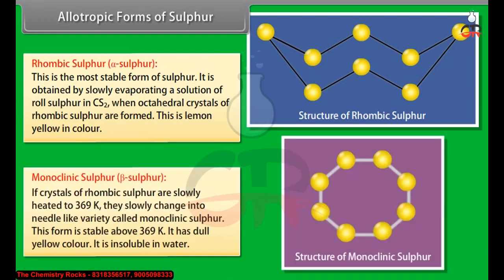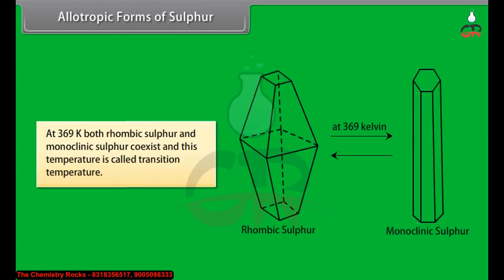If crystals of rhombic sulphur are slowly heated to 369 Kelvin, they slowly change into a needle-like variety called monoclinic sulphur. This form is stable above 369 Kelvin. It has dull yellow color. It is insoluble in water. At 369 Kelvin, both rhombic sulphur and monoclinic sulphur coexist, and this temperature is called the transition temperature.